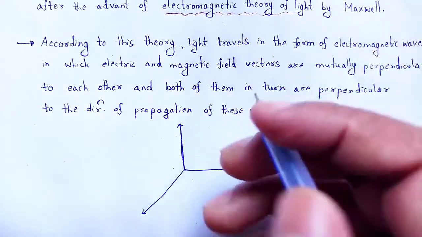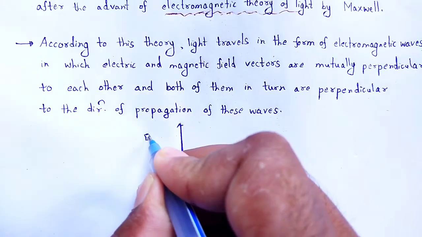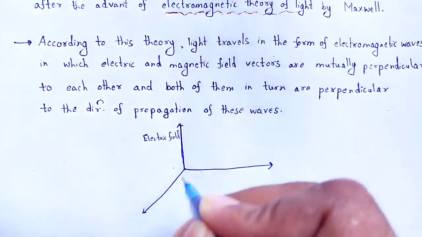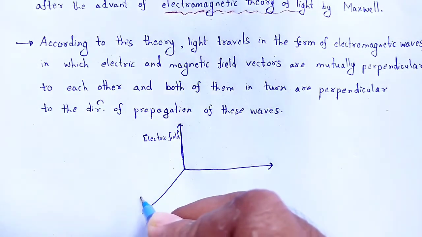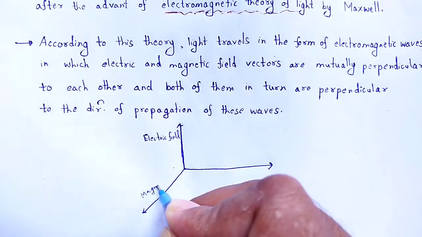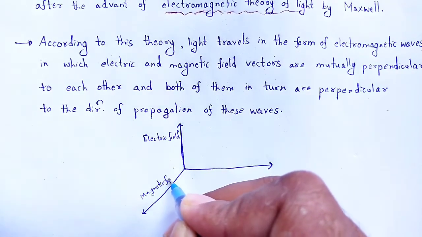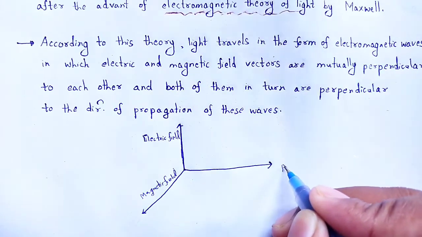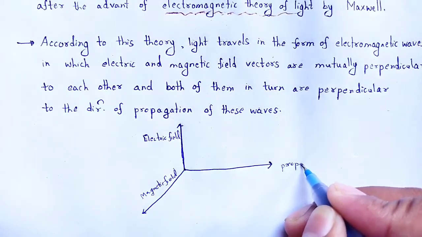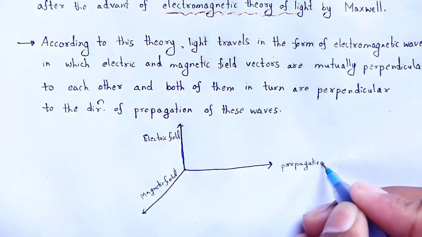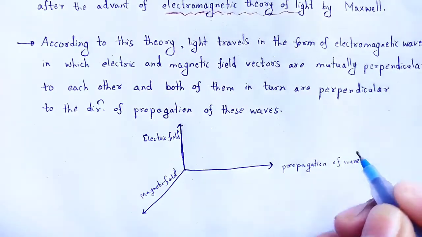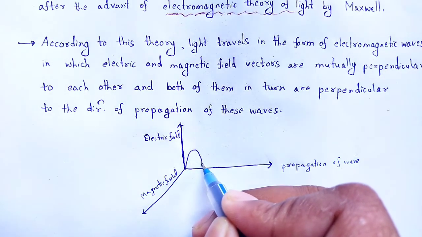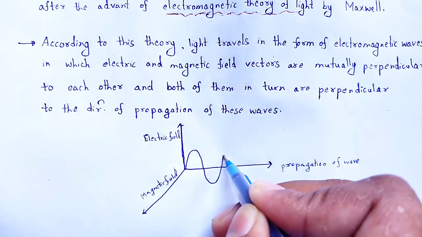In this direction, let there be the electric field vector, in that direction the magnetic field vector, and that be the direction of propagation of the wave. So, the electric field vectors look like this.